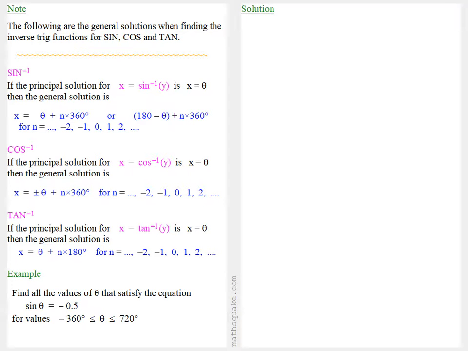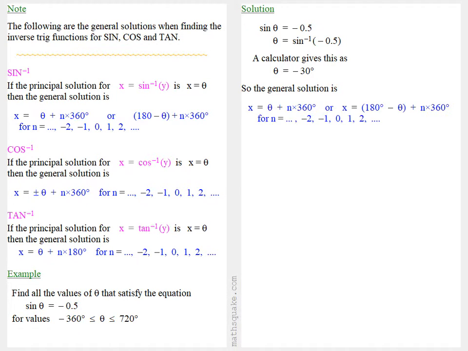Well, to solve this, we've got sine of theta is equal to minus 0.5, which means theta is equal to the inverse sine of minus 0.5. And if we do this on a calculator, we get theta is equal to minus 30 degrees. So the general solution is x equals theta plus n times 360, or x is equal to 180 minus theta plus n times 360.